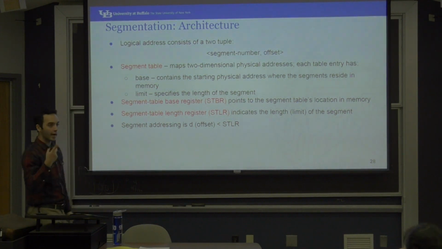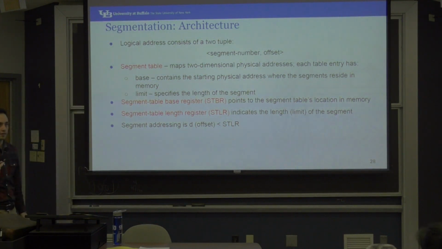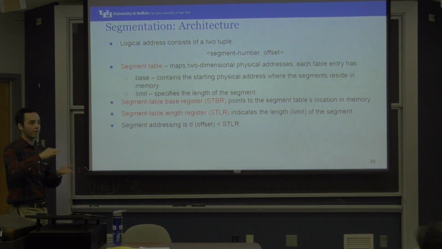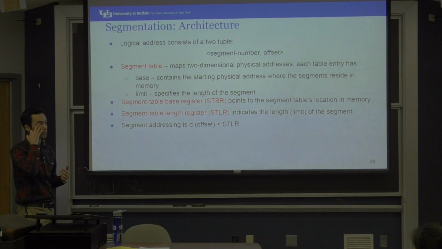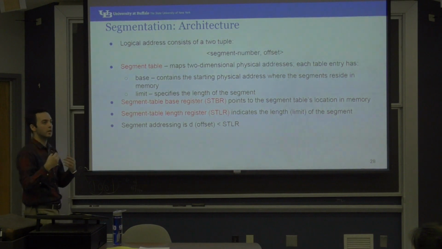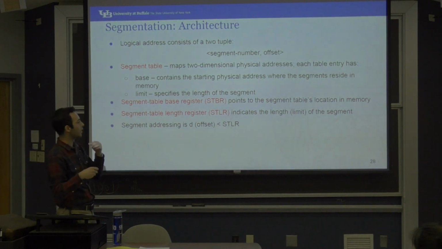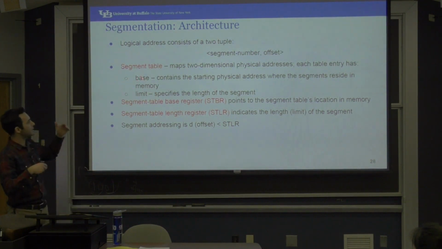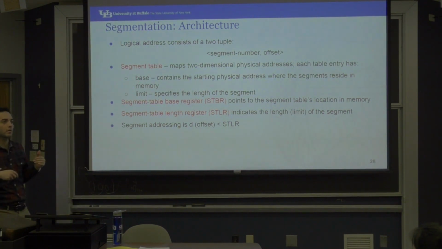One is the size and the other one is offset. The offset was the same in paging, but because now we have various size segments instead of fixed size pages, we also need a size for a segment. So we call them again base and limit, right?